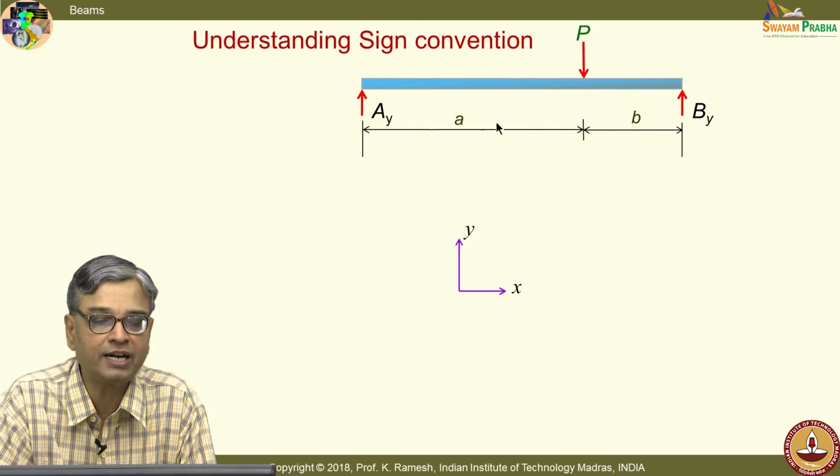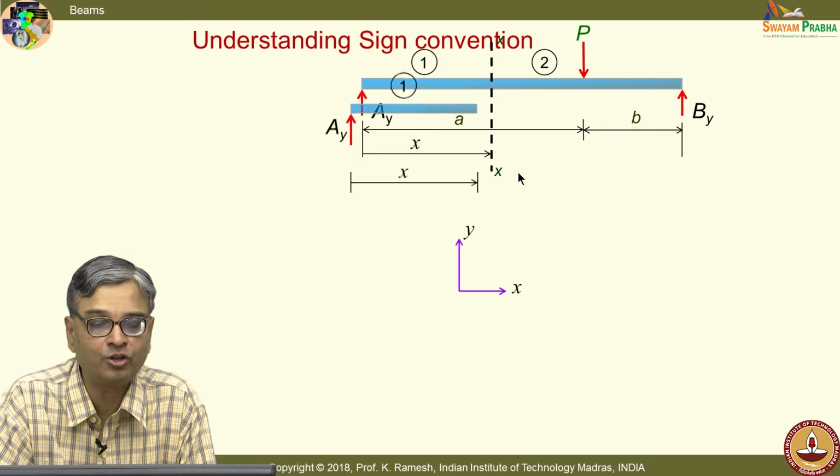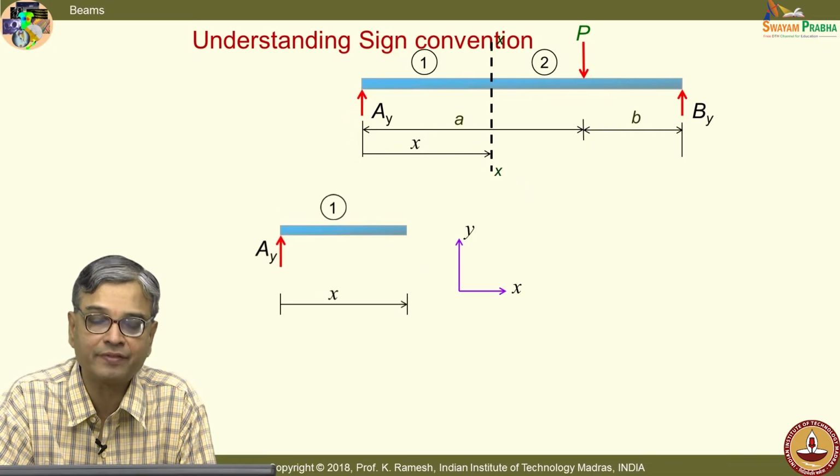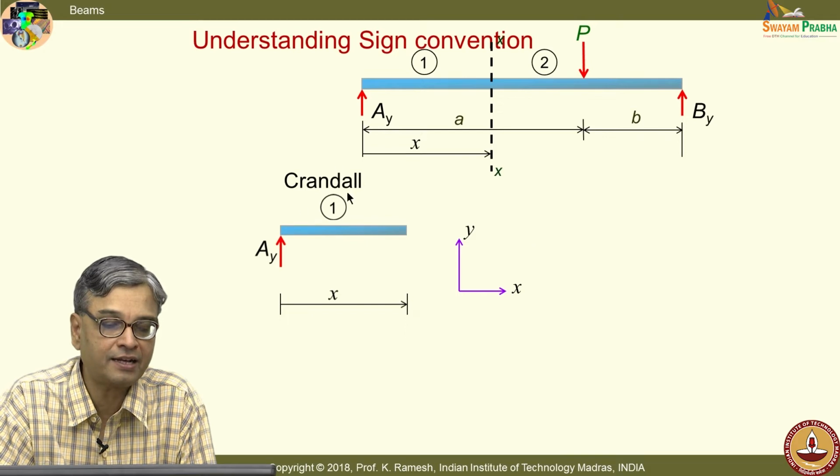But before I do that, we will again understand the sign convention, because I want to caution you, there could be a possible confusion when you draw the free body. How do you start writing the equations? Here I have taken the Crandall and Dahl sign convention.